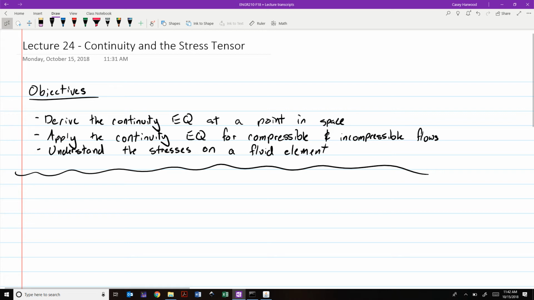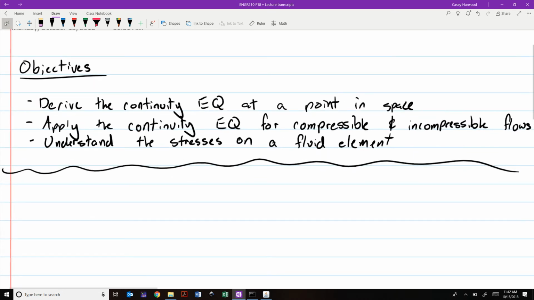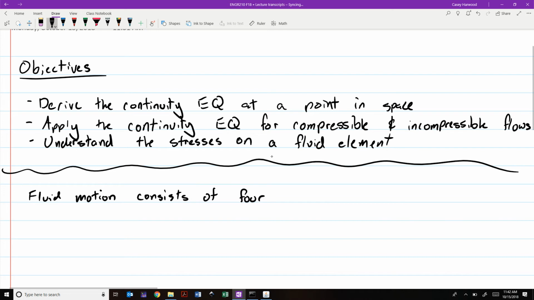So, a quick little recap of last time. In the previous lecture, we started talking about fluid element kinematics, right? And we said essentially that fluid motion consists of four types of motion.